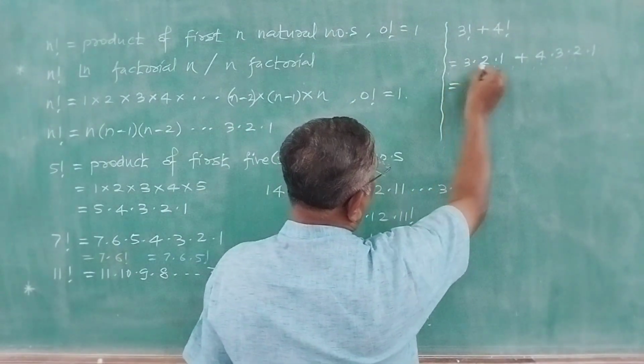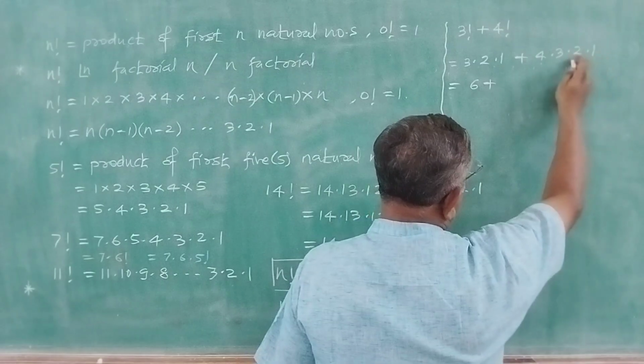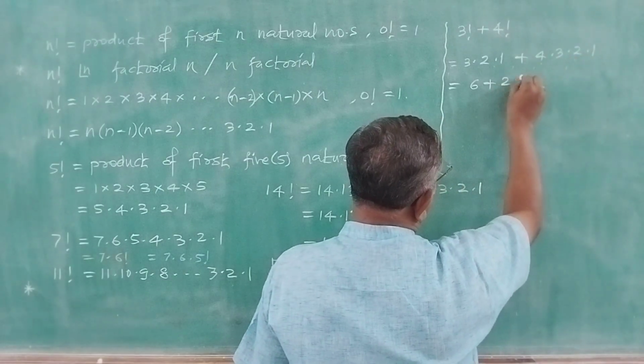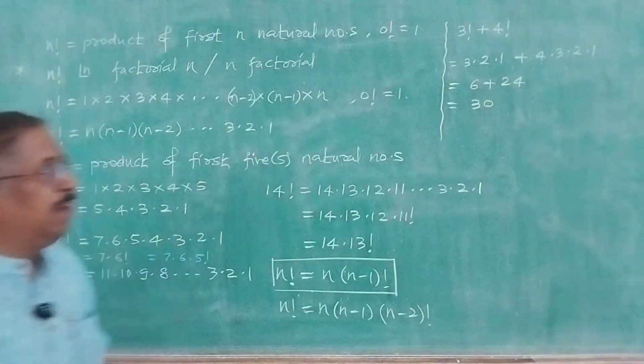It equals 1 into 2 into 3 into 4, which is 24. 24 added with 6 comes out to be 30.